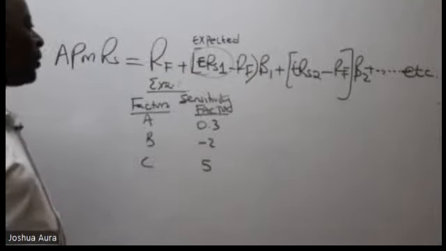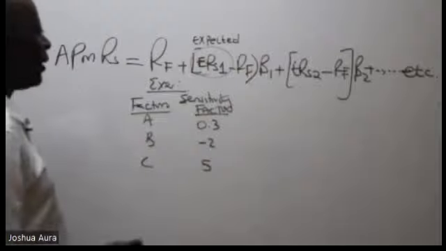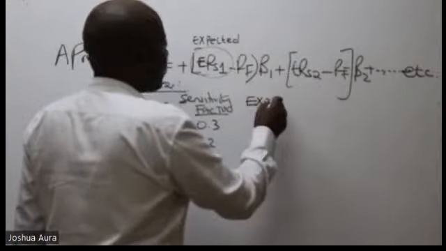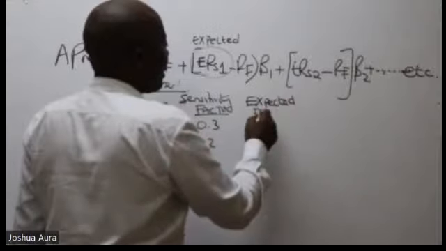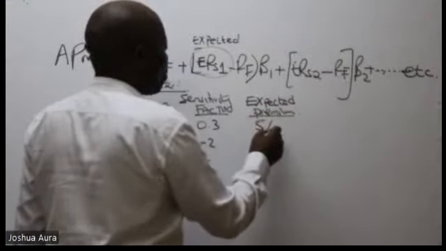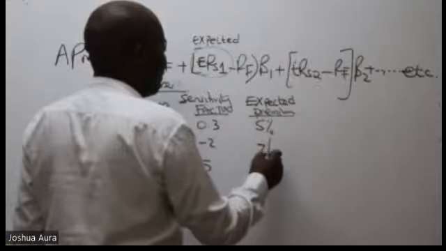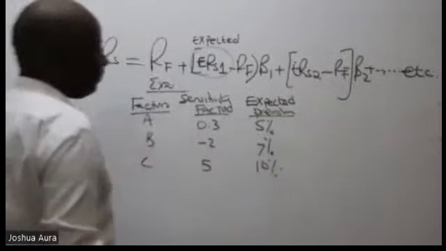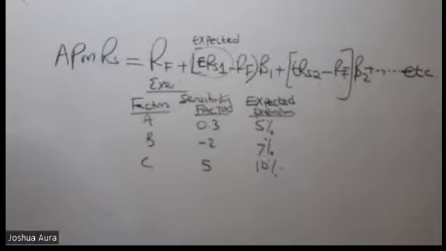And then we have here expected premiums. We could be talking of 5% here, 7% there, and then 10% here, like that.